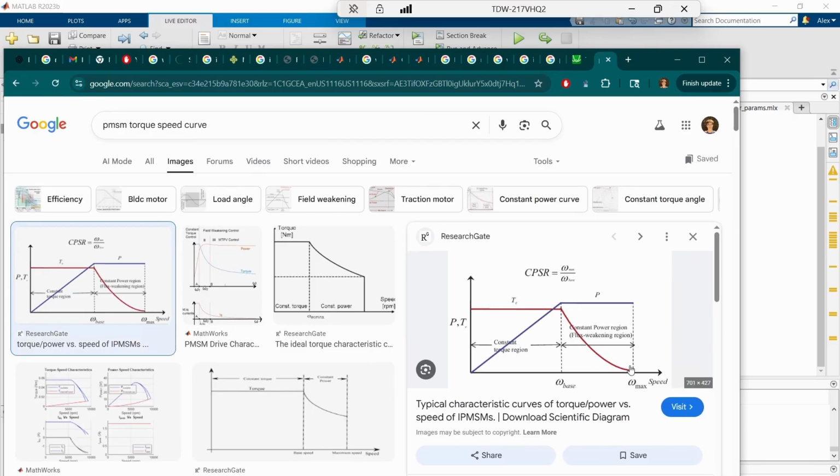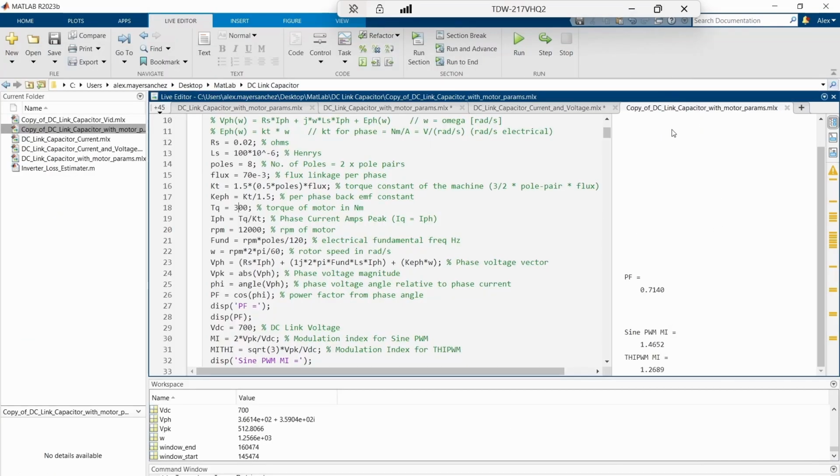You can see the torque speed curve. This is at constant current. You end up hitting this base speed, and the base speed is basically the point where if you spin the motor any faster than this, you will not have enough voltage from your DC supply in order to account for the back EMF of the motor.